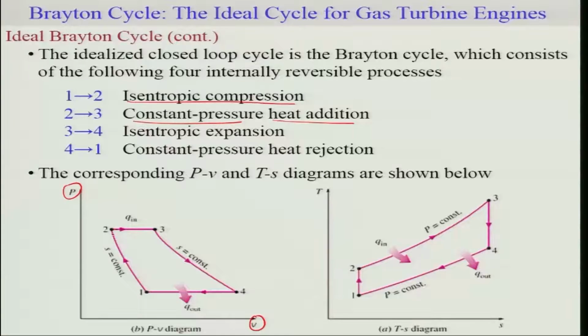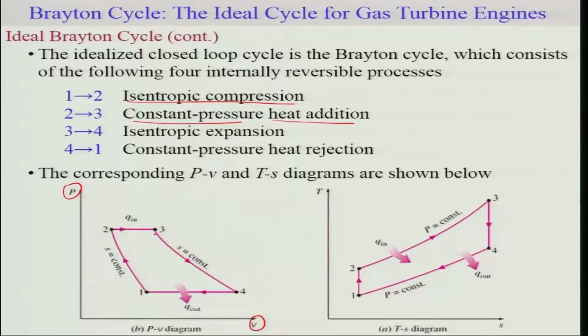In the Otto cycle, both processes 2-3 and 4-1 were at constant volume, whereas in the diesel cycle, one of them was at constant pressure and the other at constant volume, and in the Brayton cycle the heat addition is completely at constant pressure.